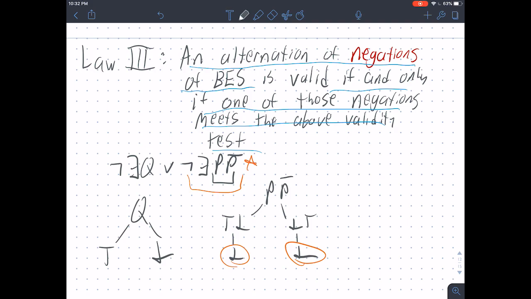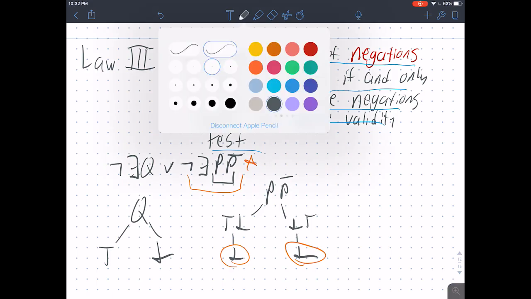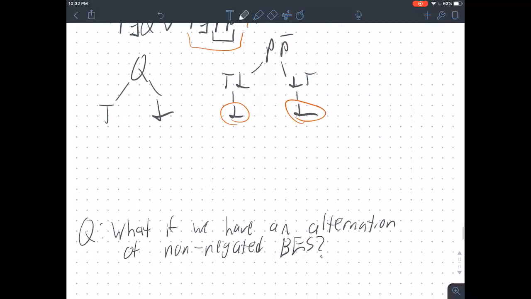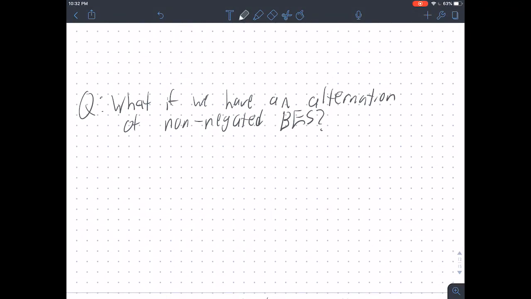I feel like when I'm saying this, it doesn't make sense, but if you look at it, it should, right? And so you might wonder why we don't have, and I'm just going to spoil it, a rule for non-negated alternations. So what if we have an alternation of non-negated Boolean existence schemata? Let's pretend that we have something like this.